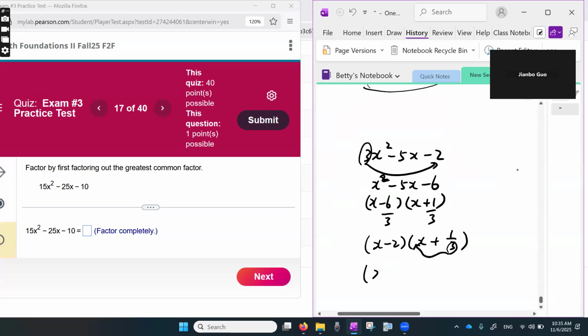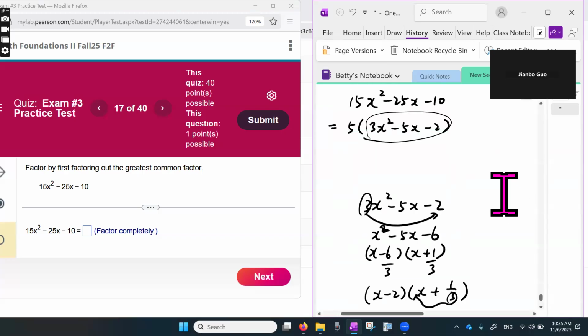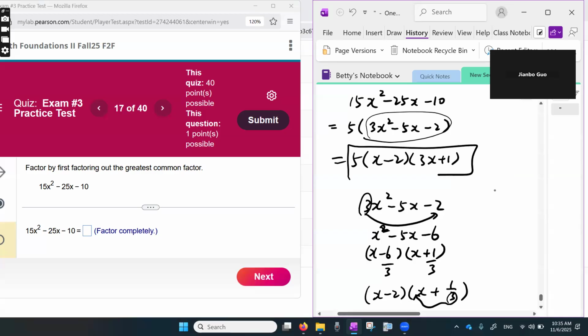Slide it back, x minus 2, 3x plus 1. Put it back. 5 is GCF. And we have x minus 2, 3x plus 1. I would say those are pretty challenging, right? 5 times x minus 2 times 3x plus 1. That's the final answer. Put it here.